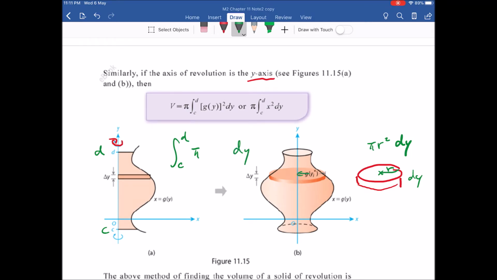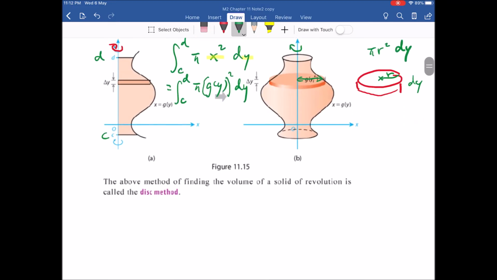But the r actually is x, so again you cannot integrate with x and y mixed. You have to change all the variables to y. So you get the integral from c to d of pi times g(y) all squared dy. This is the formula for rotating about the y-axis. You better learn the x-axis first. This method is called the disc method.